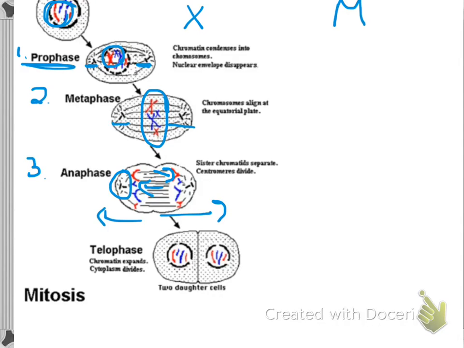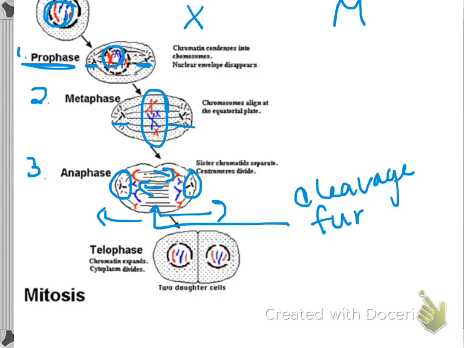Each new cell is also going to have a pair of centrioles. During the end of anaphase, we have this structure right here, which is called a cleavage furrow. That begins to develop, and this is splitting of the cytoplasm, which is called cytokinesis.